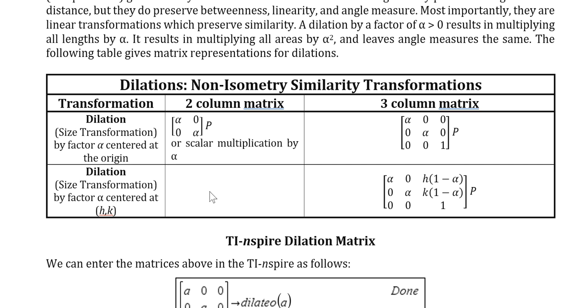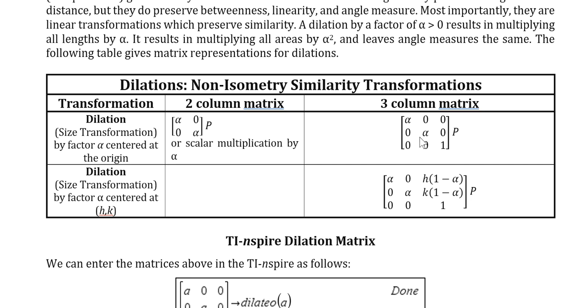I'm not going to bother filling this one in because I don't really care about it as much. I'm more interested in the three-column versions. So notice if you take this two-column version here and then have 0, 0, 1, of course always 0, 0, 1 on the bottom, but have it on the column as well, that gives you the matrix for a dilation.